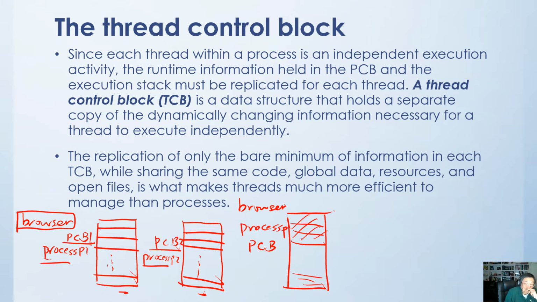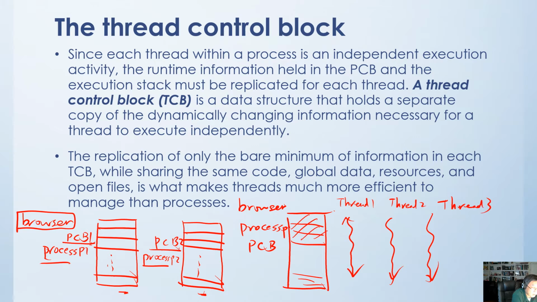In that case, I can create one process, and for each browser window I create a different thread. I call it thread 1, thread 2, thread 3, and I can continue to do that. There's only one process, but you have multiple threads.